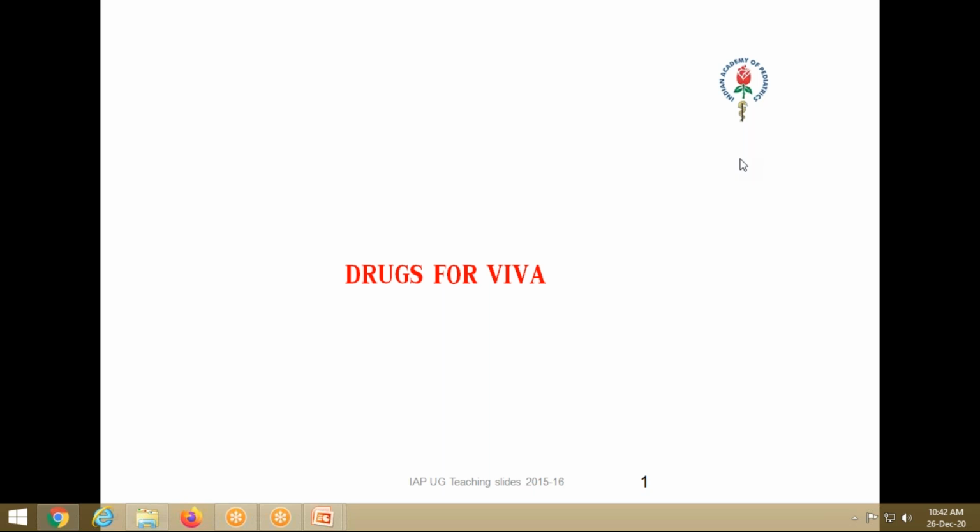Acute hepatic failure is one of the deadliest complications of paracetamol when taken in high doses, that is, when crossing the dose of around 90 mg per kg per day. The maximum allowed is 60 mg per kg per day. If you take 90 mg per kg per day, then you get acute liver failure or acute liver toxicity. The antidote for this is N-acetylcysteine. So this is the basic drug, paracetamol.